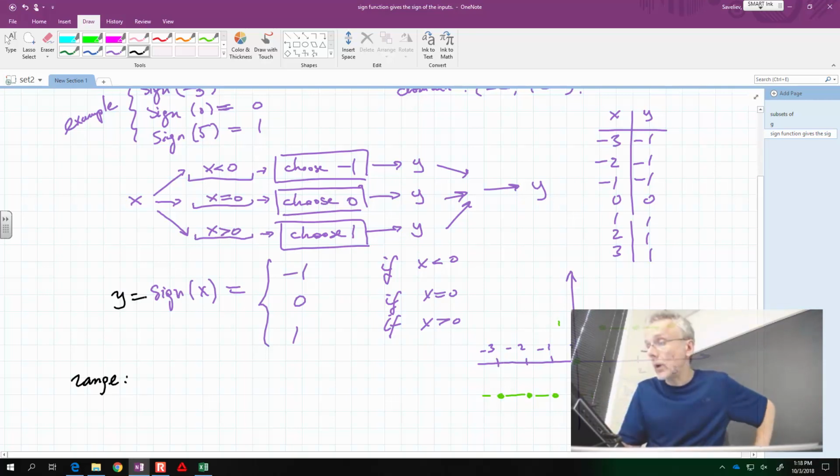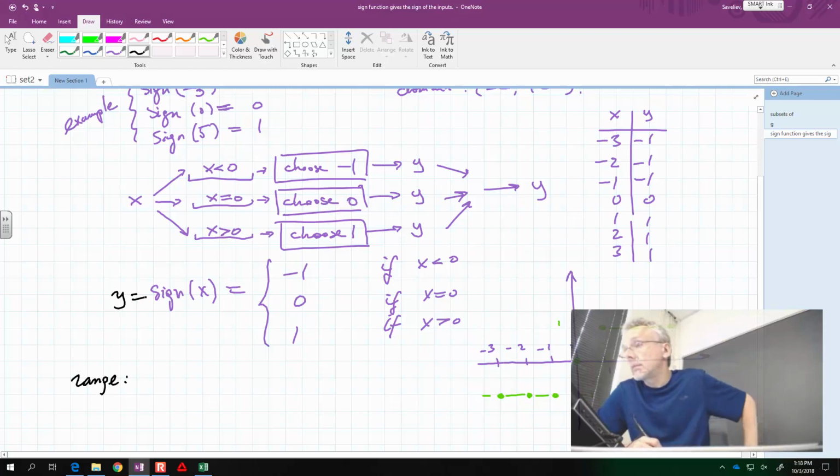This is y. Well, the values are listed for you. You cannot have a value of 10. Why?